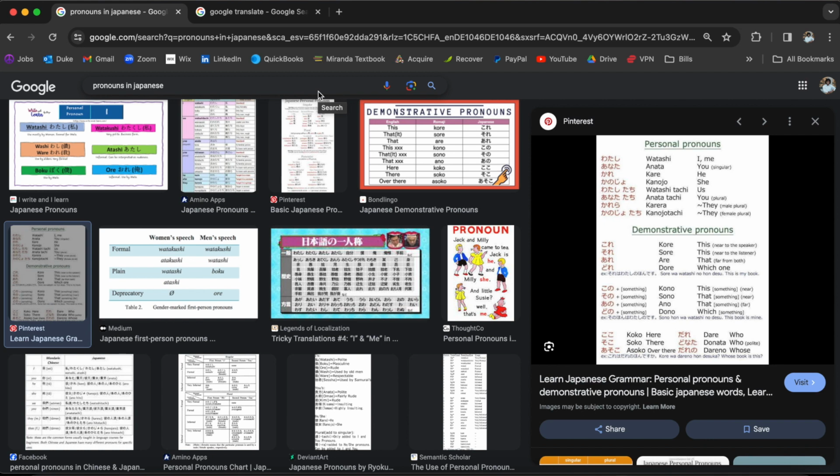This for something. So kono. But how to use kore? I don't know actually. I'm trying to think of like if it's a neutered form, like the kore. So use kore and sore in a sentence.